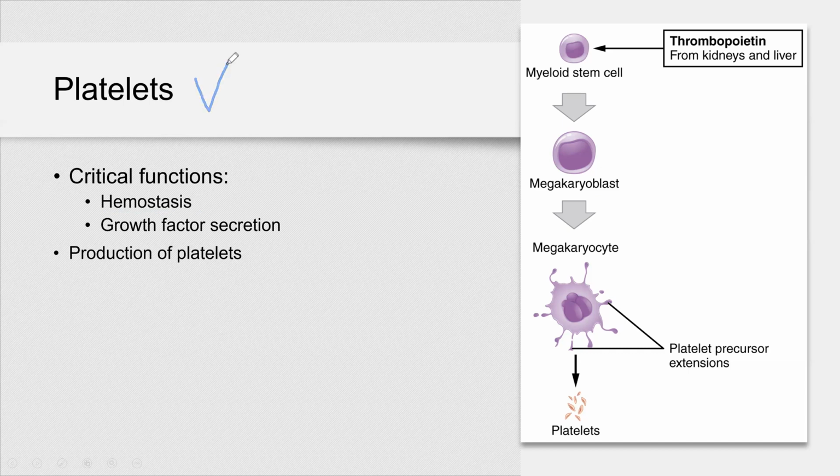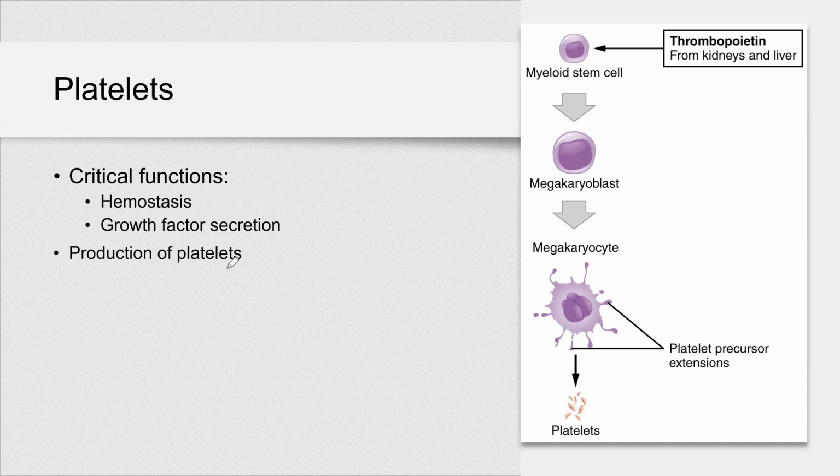Platelets are needed to initiate hemostasis, and then you have formation of a platelet plug, and then a blood clot, right? You stop bleeding. Platelets also secrete growth factors, platelet factors and many other chemicals important in this process that will be discussed in physiology.